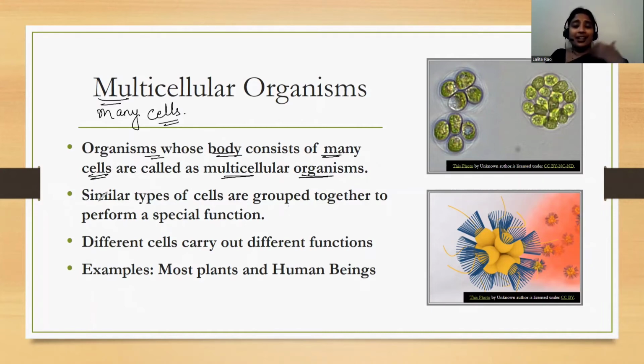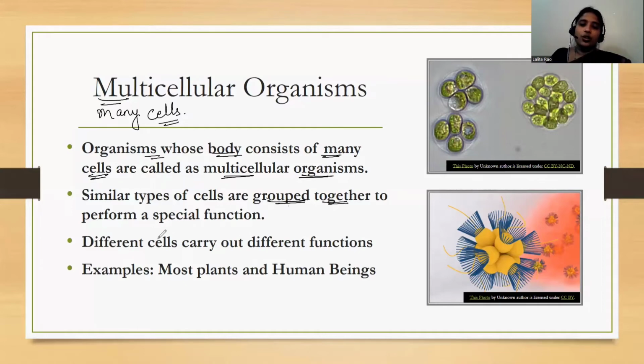Now, what happens in multicellular organisms? All the similar types of cells, the cells that are of the same type, are grouped together to perform a specific function. Suppose all the cells involved in respiration perform the special function of respiration.